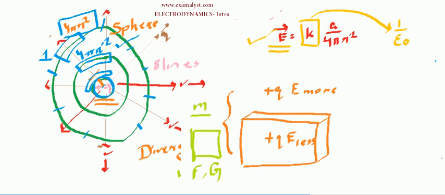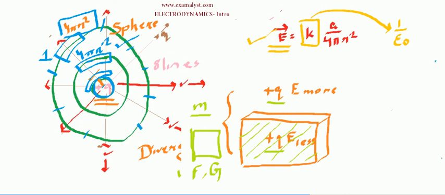But the problem here is, if you put the charge in free space, the electric field is larger. If you put the charge inside a closed box filled with some material, say brick or cotton or whatever, then the electric field is less.